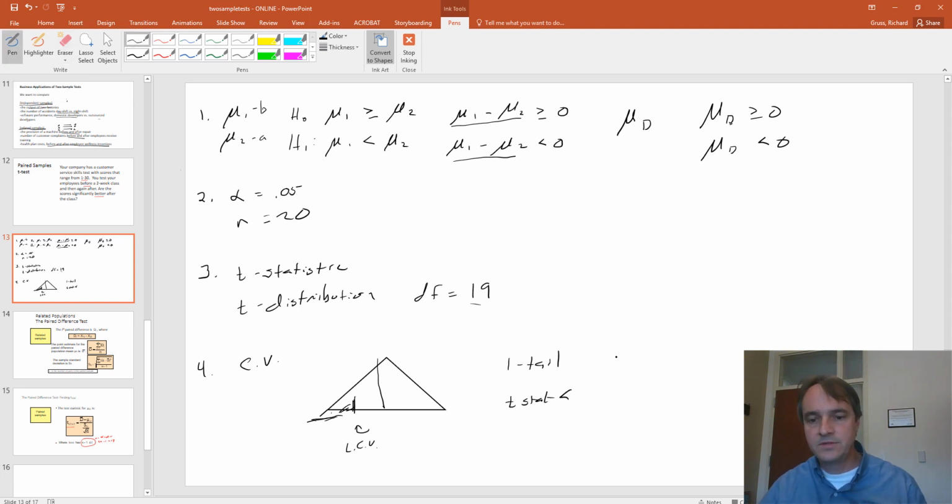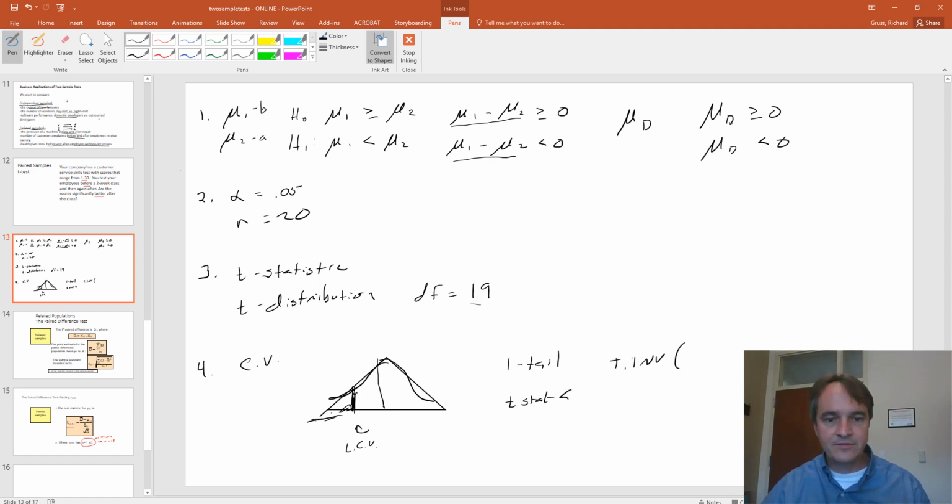Okay, so we're going to use T inverse, T inverse, and we are only interested in the left critical value. This seemed to have been converted into straight lines, but this was a curve before.